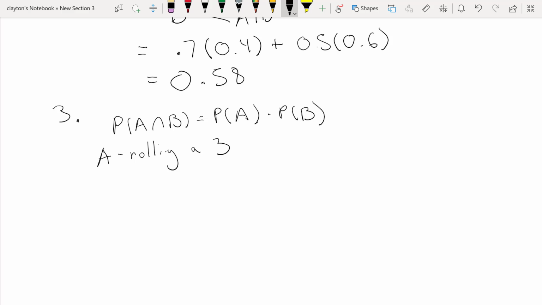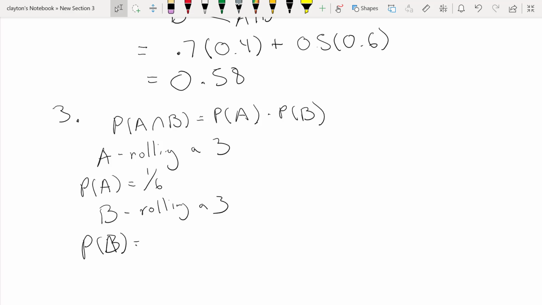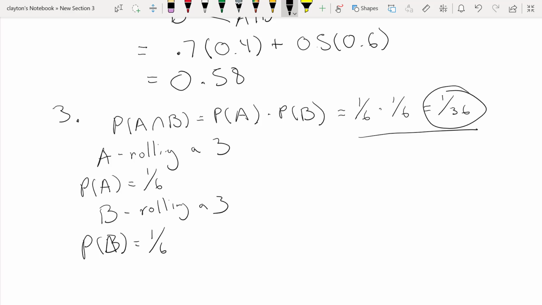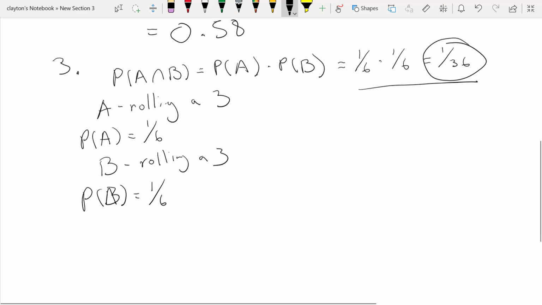And we know that the probability then of rolling a 3 on a normal dice is just going to be 1/6. And it says B is also rolling another 3 the second time, so rolling a 3. In which case, it is also, oh, this should be a B. It is also 1/6. And so all we have to do here is just 1/6 times 1/6, which is 1/36. Right, so independent events, we can just multiply the probabilities together.